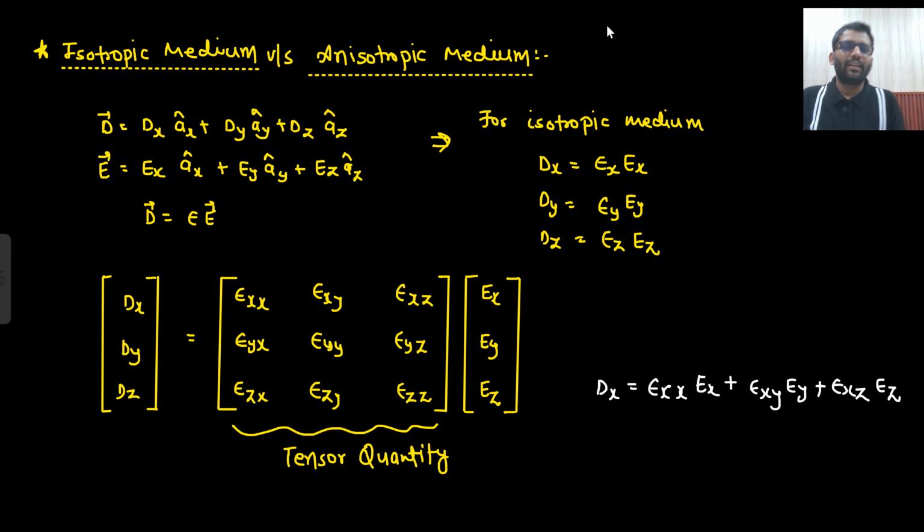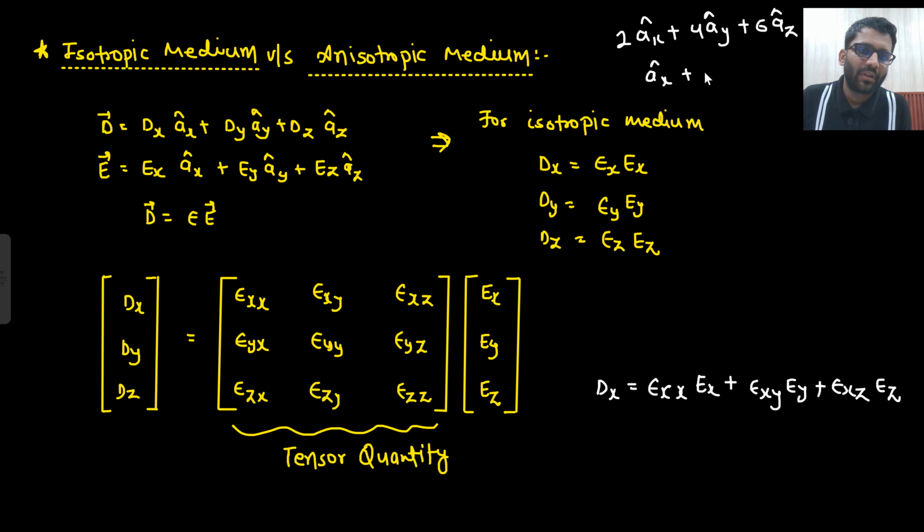Now tell me one thing, there are two vectors, 2ax cap plus 4ay cap plus 6az cap, and another vector ax cap plus 2ay cap plus 3az cap. Do they have the same direction? Yes. Why is that so? Because you can take 2 common.